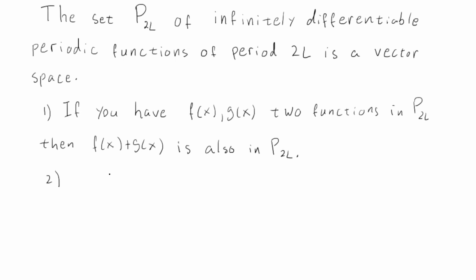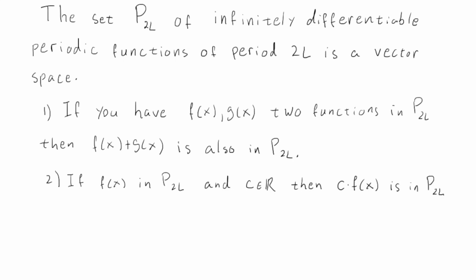But the second thing is if f of x is some function in P2L, and so a periodic function of period 2L, and c is a real number, then the function c times f of x is also periodic of period 2L.